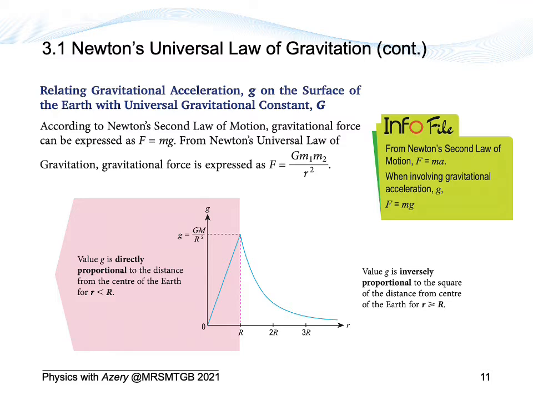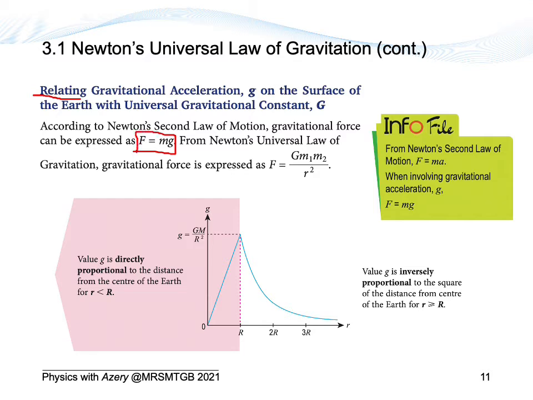Okay, since we already know the formula for gravitational force, now we're trying to relate the gravitational acceleration on the surface of the Earth with the universal gravitational constant. So if you recall, according to Newton's second law of motion, the gravitational force can be expressed as F equals mg.